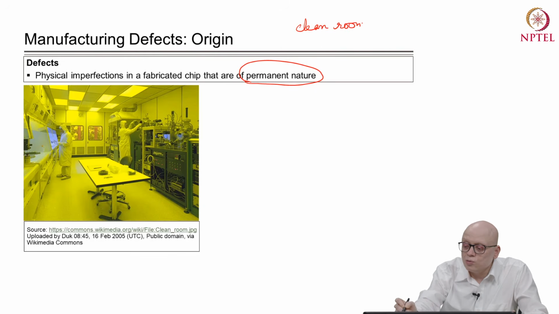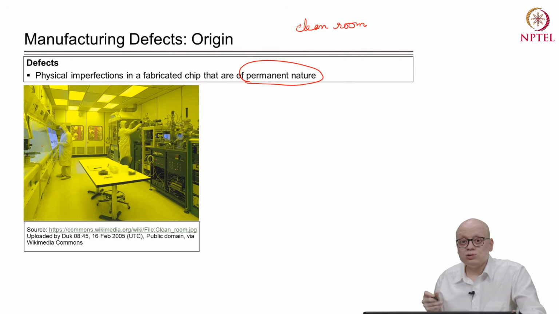So, in the clean room, the particulate impurities are very well controlled, right. Also the static electricity and even vibrations are very well controlled inside this clean room. Then even despite the manufacturing being a very sophisticated task, how do we get defects in our chip, right.